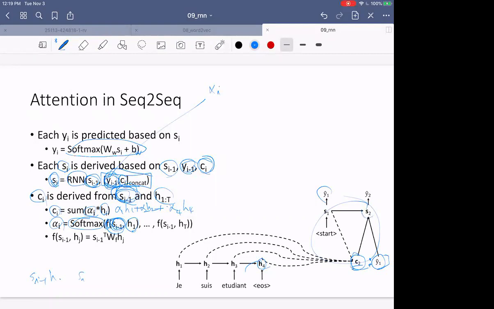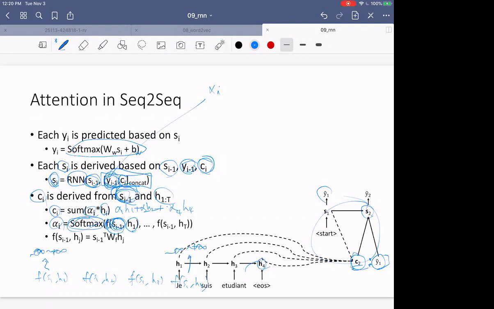We're at time step 2, so concretely it should be f(S1, H1), f(S1, H2), f(S1, H3) and f(S1, H4), and each f will generate a value between negative infinity and plus infinity. You just put those into the softmax function, and that's how you get the alphas.